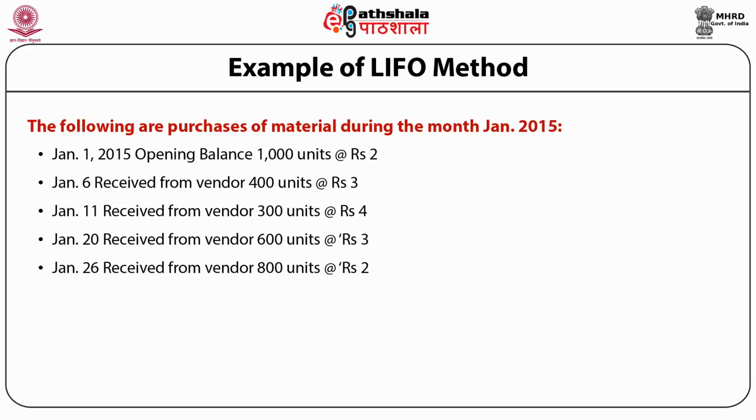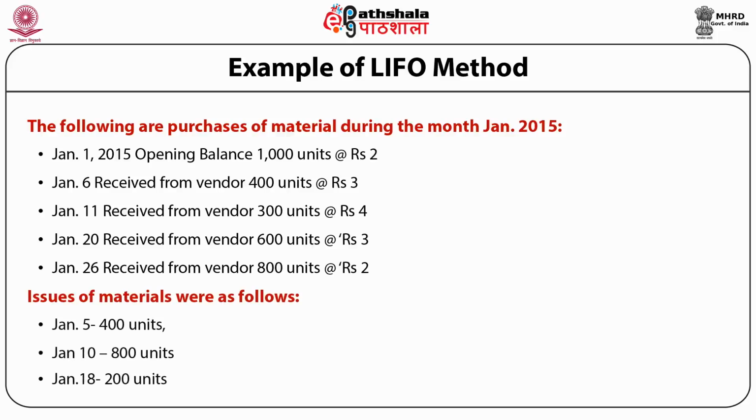January 20, 600 units at the rate of 3. And January 26th, 800 units at the rate of 2 are received by the firm. And it has made issues. It issued 400 units on 5th January, 800 units on 10th January, and 200 units on 18th January.